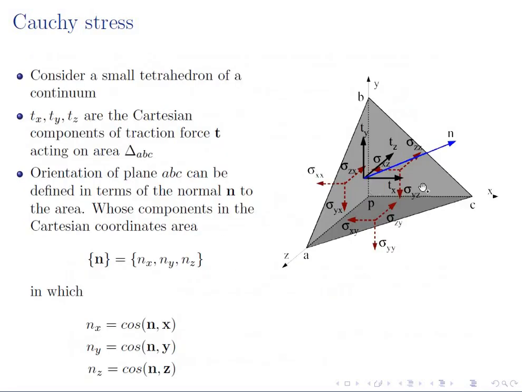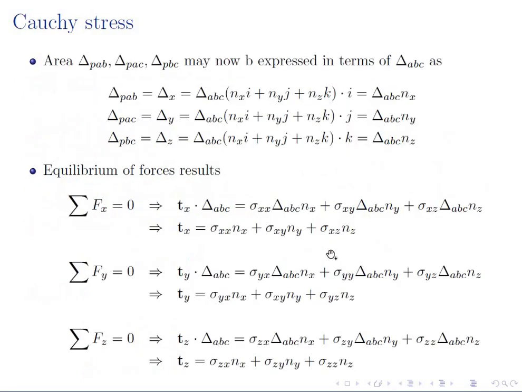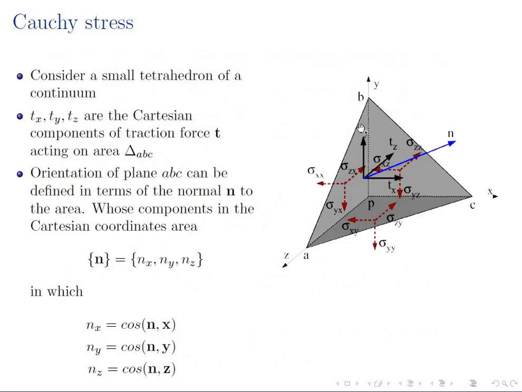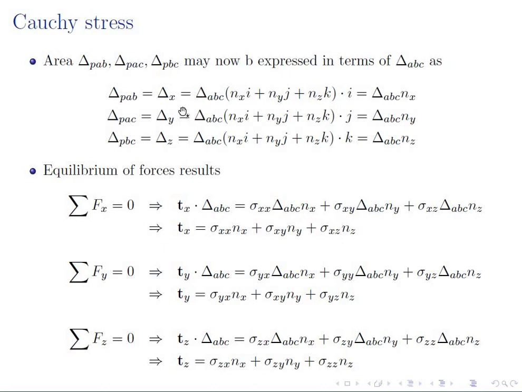Let's first find the values of the areas APB, CPB, and APC. I can readily see that we can call the area APB delta x, because the normal of this area is pointing in the x direction. Delta x is nothing but the projection of the area ABC on the x face.